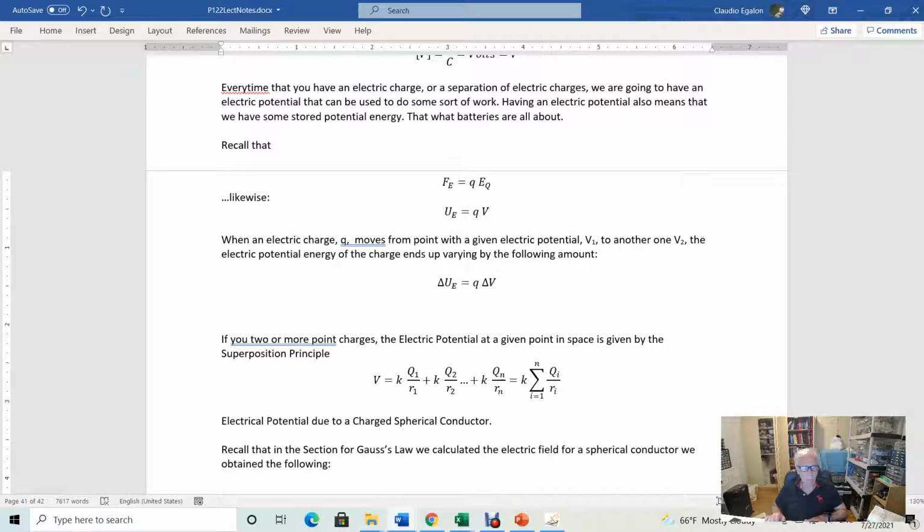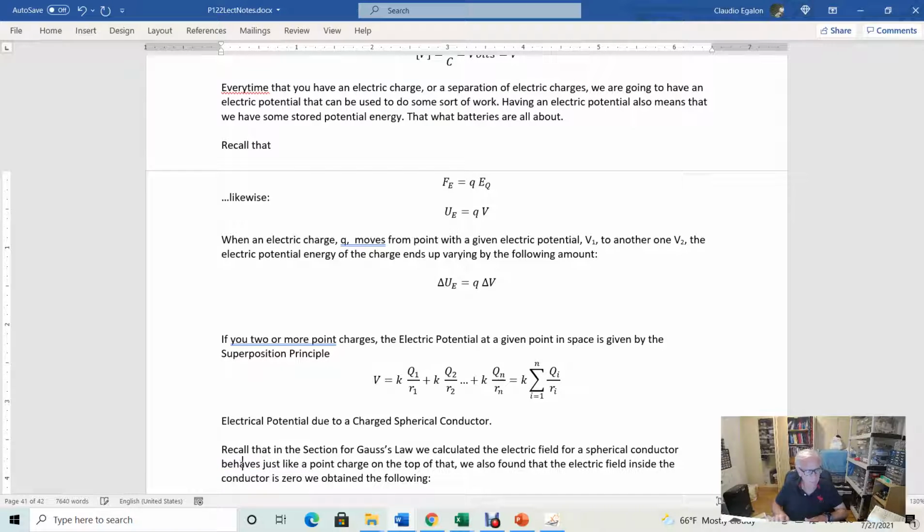We got that the electric field for a spherical conductor behaves just like a point charge. On top of that, we also found that the electric field inside the conductor is zero.